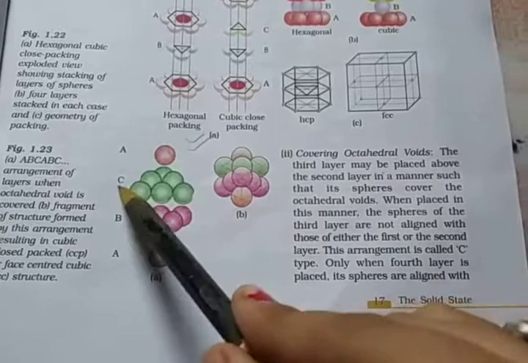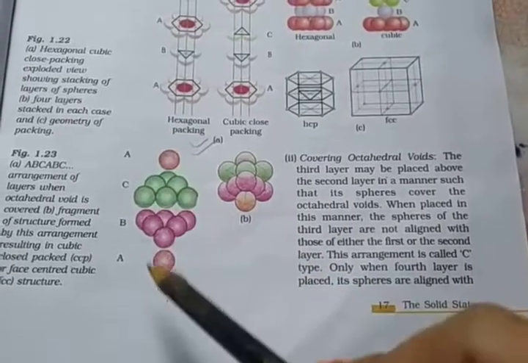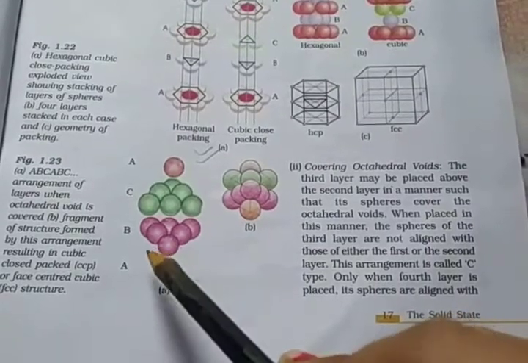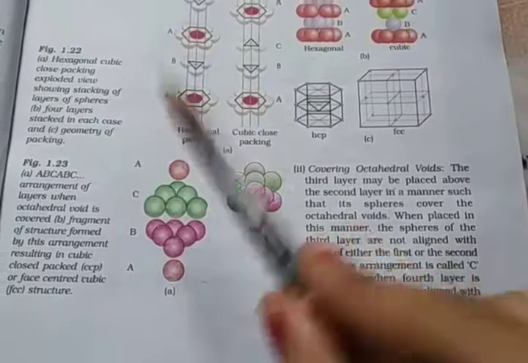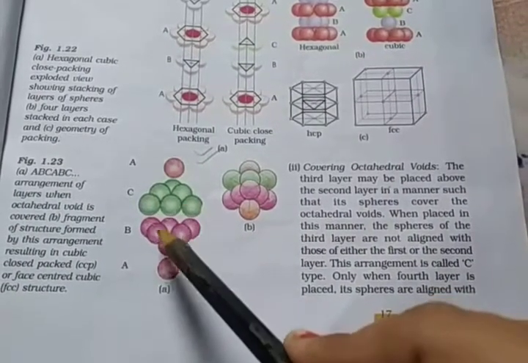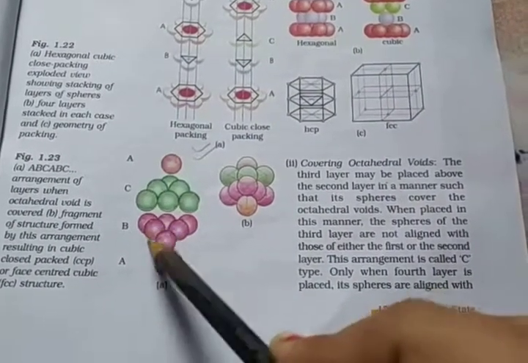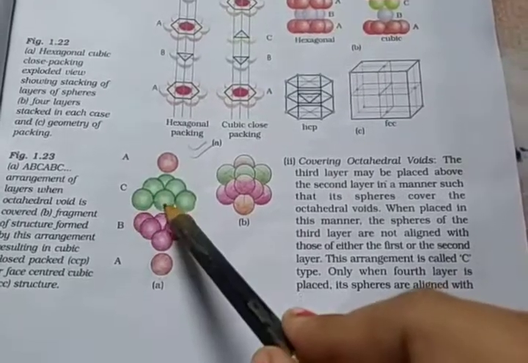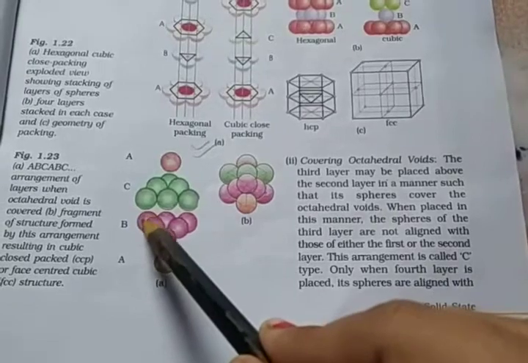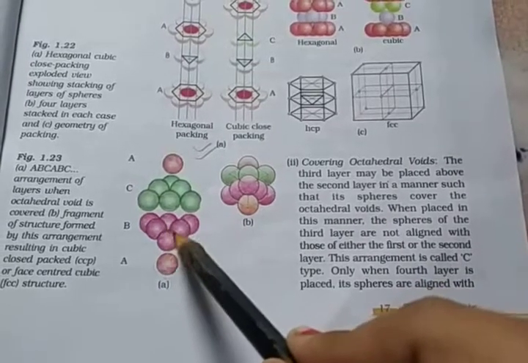Only when the fourth layer is placed, its spheres are aligned with the first layer. Okay, so the pattern is A, B, C, then again A, B, C. Clear? So the third layer may be placed above the second layer in a manner such that its spheres cover the octahedral voids. Because here you see in the B, upside 3, then 2 and then 1.